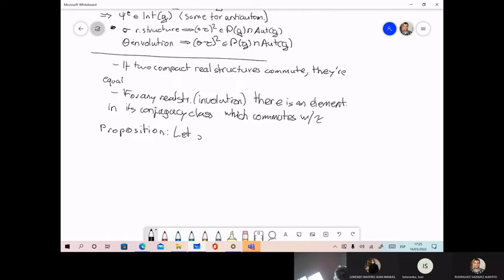So let sigma and tau be compact real structures. And we claim that if sigma tau equals tau sigma, then sigma is equal to tau, right?